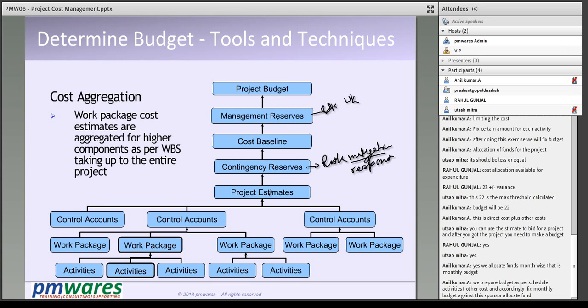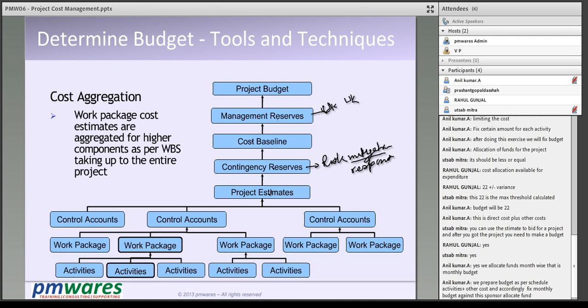To protect the project from such risks, a management reserve is kept, and normally management reserve is not kept for each project, but for the group of projects. It is spread over multiple projects depending upon who needs what. Right, and that is called the project budget.